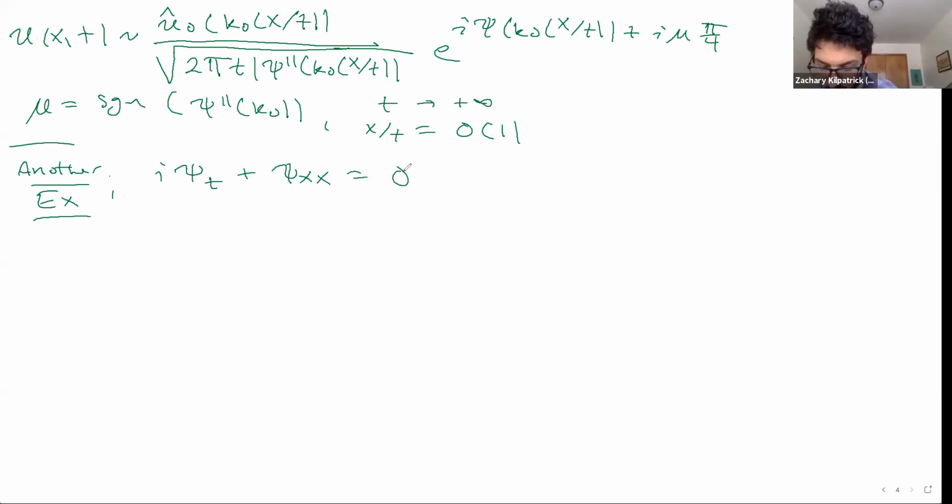So let's consider another example. This is another initial value problem from quantum mechanics called the free particle Schrodinger equation.